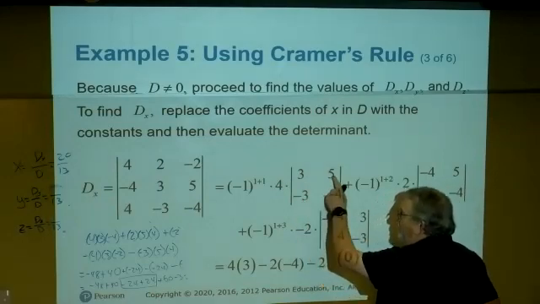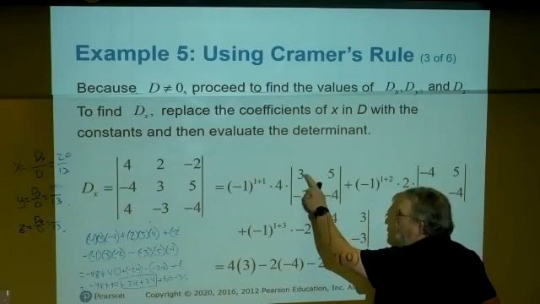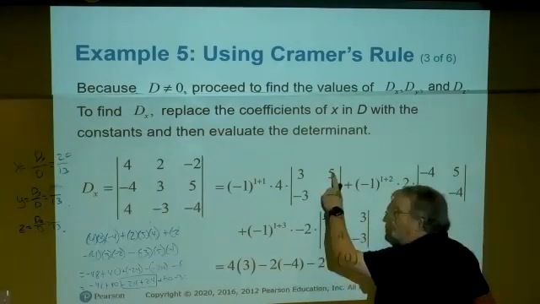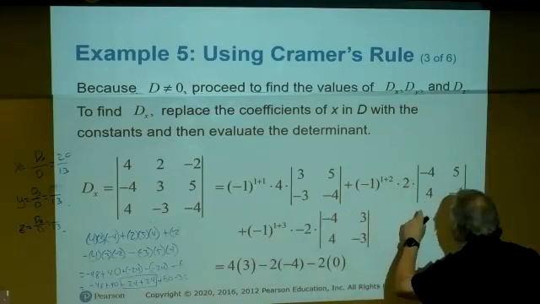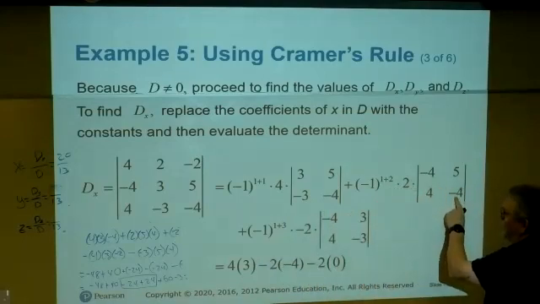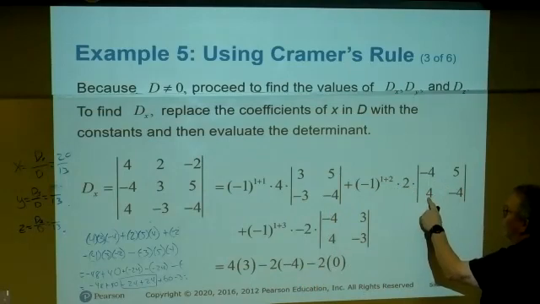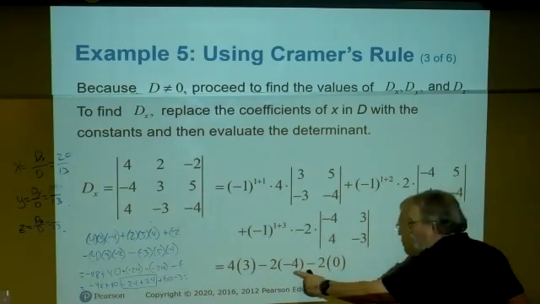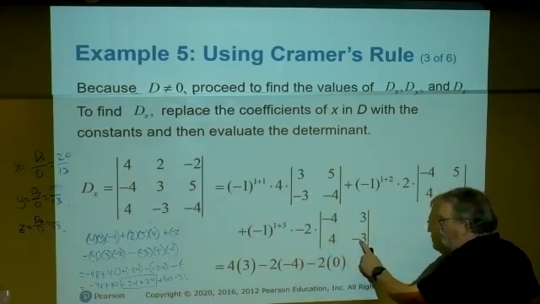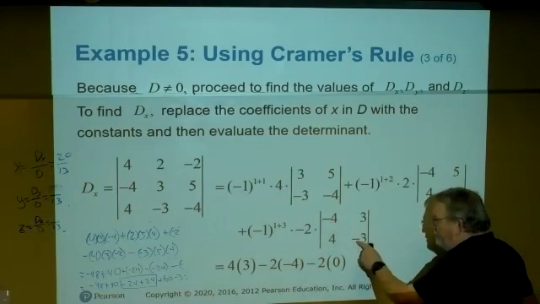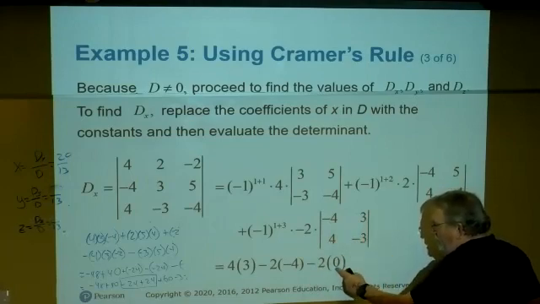Negative 3 times 5 is a negative 15. Negative 12 minus a negative 15 is a positive 3. Negative 4 times negative 4 is 16. Well, 4 times 5 is 20, and 16 minus 20 is a negative 4. Negative 4 times 3 is negative 12. Negative 4 times negative 3 is 12. And 4 times 3 is 12, and 12 minus 12 is 0.